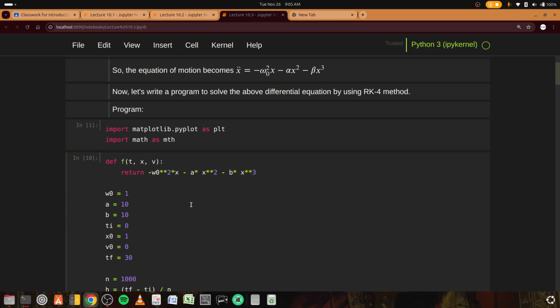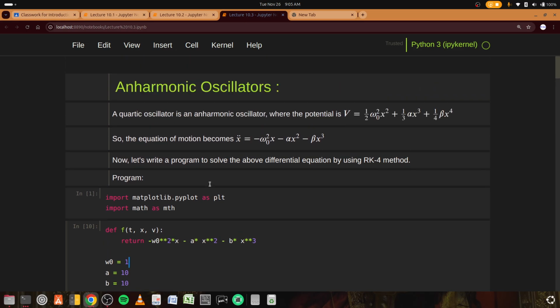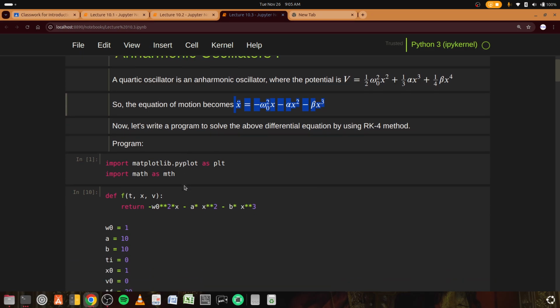So what we are doing here is writing this differential equation as two separate differential equations. The first differential equation will be dx by dt equal to v.